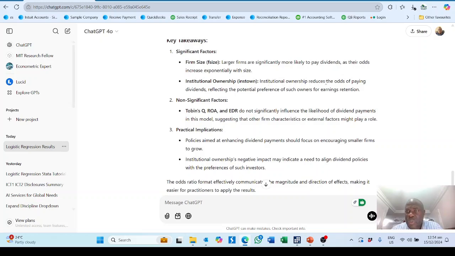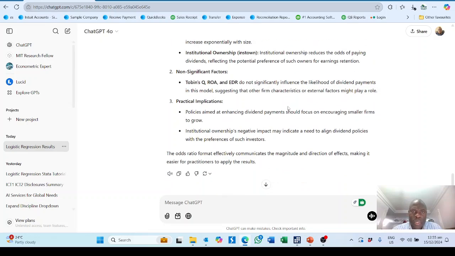Institutional ownership reduces the odds of paying dividends, reflecting the potential preference of such owners for earnings retention. The other predictors are not significant. We have Tobin's Q, ROA, EDR. They are not statistically significant.